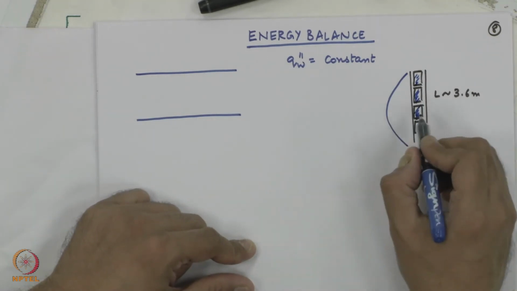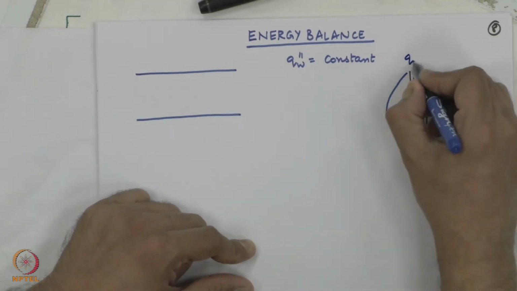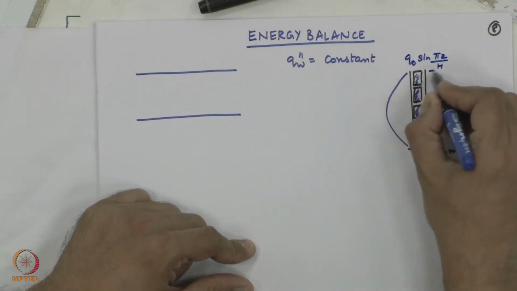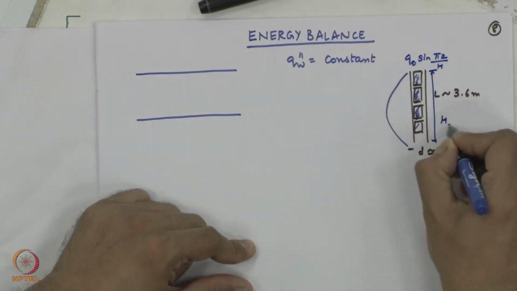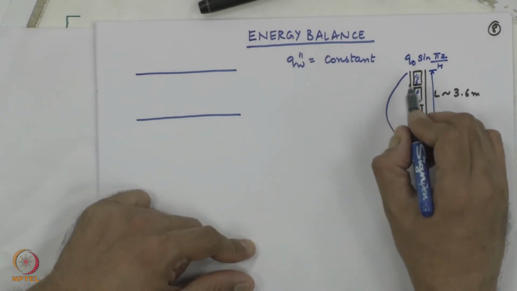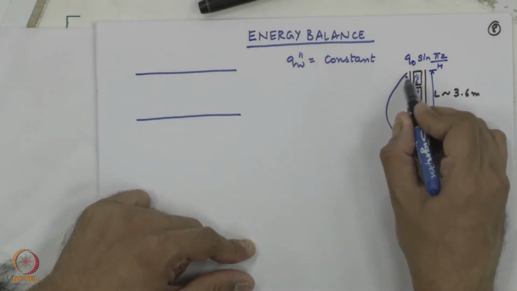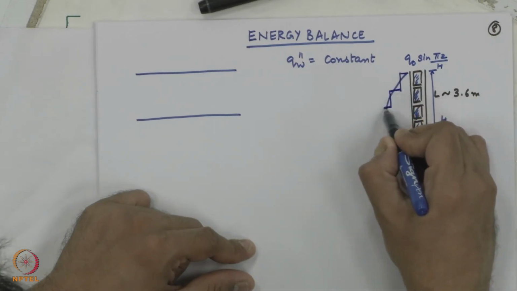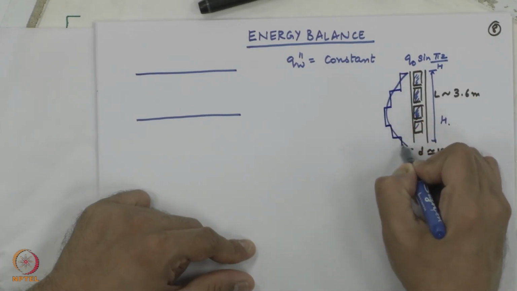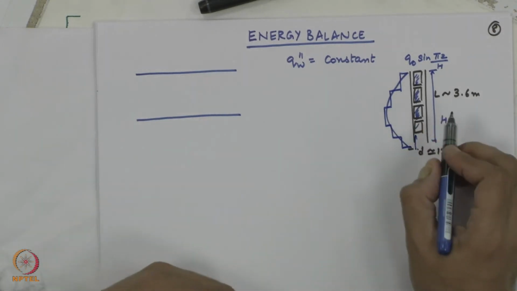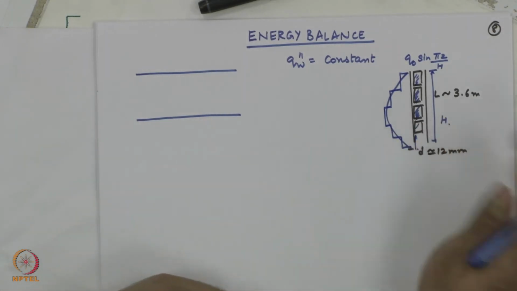Now, this profile can be given a mathematical form, q naught sin pi z by H or something, where this is your capital H. Okay. But in real life, this is a mathematical fit to something which is like this: constant, another constant, another constant, constant, constant. So, in a real life situation, you cannot get a smooth functional variation in temperature.